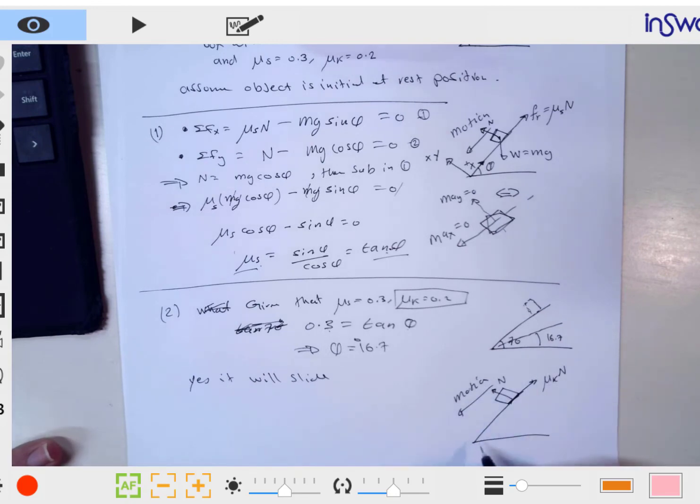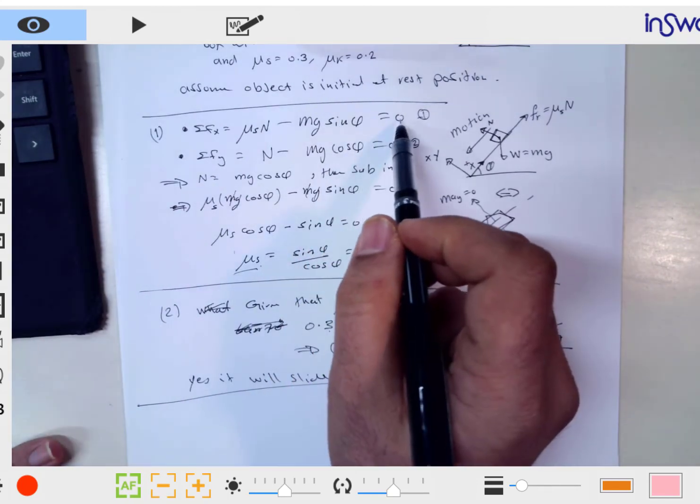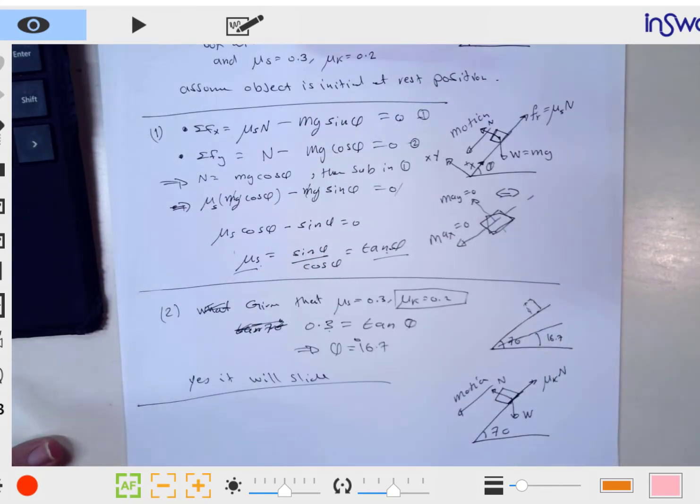This is because it's sliding, and I have here a W, and here is a 70, right? And now I just apply the same equation I did there, but the difference is we don't have here 0, we have a value.